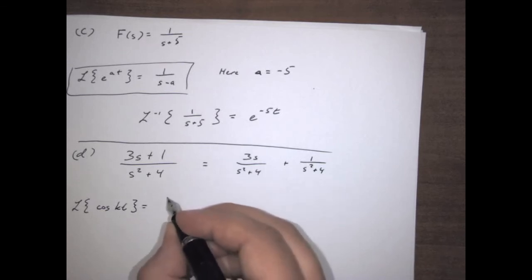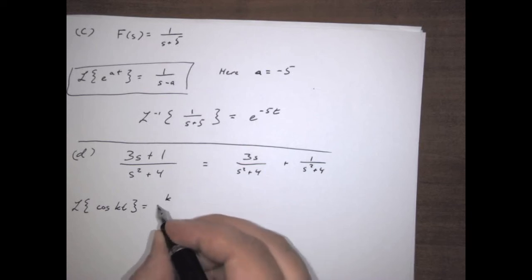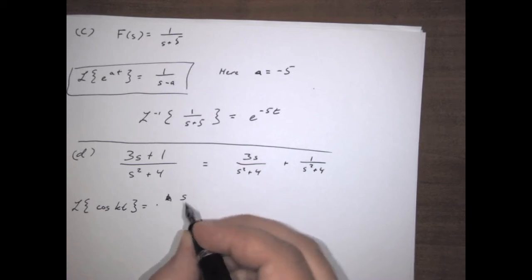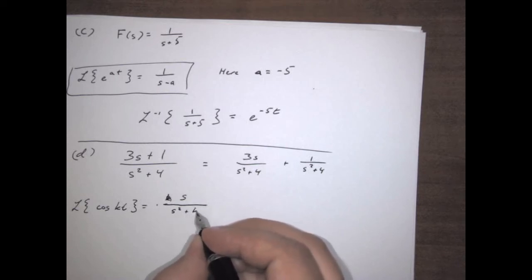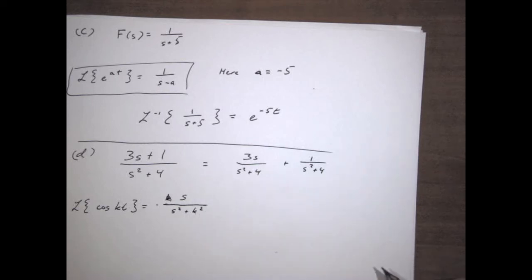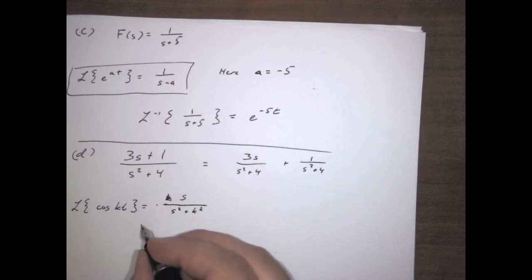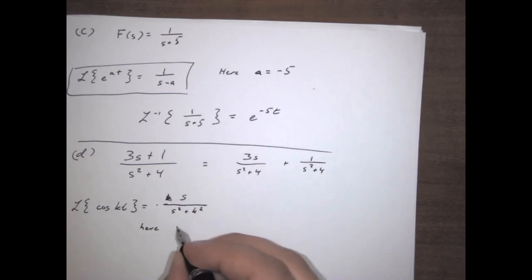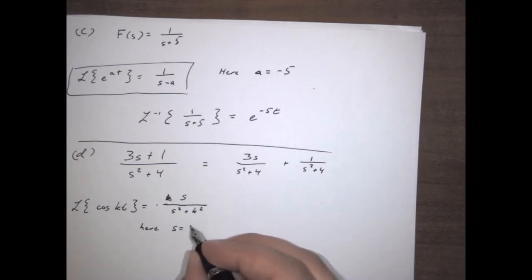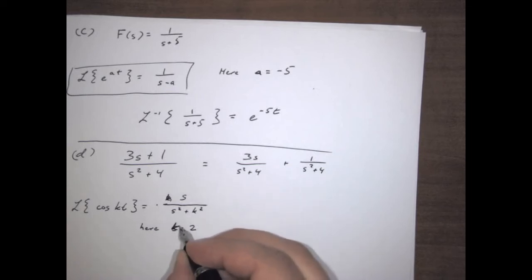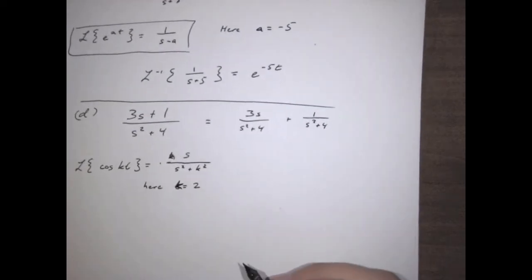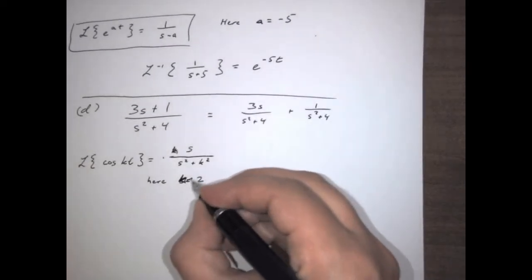So cosine is going to be s over s squared plus k squared. And so here, s is going to equal 2, k is going to equal 2. S is just s.